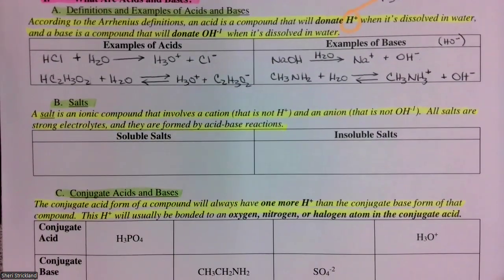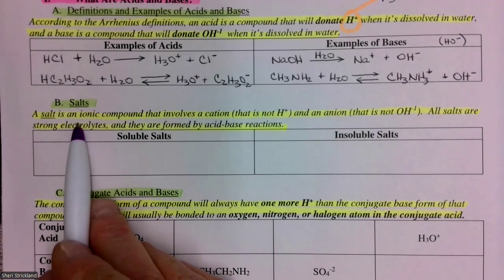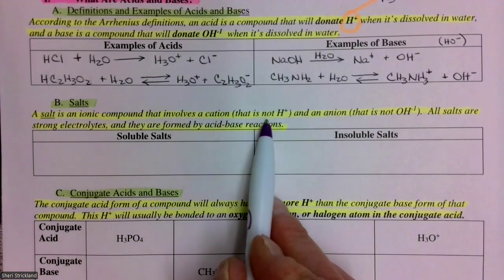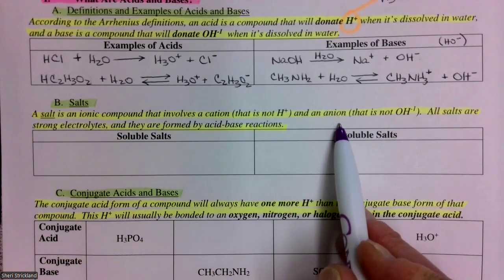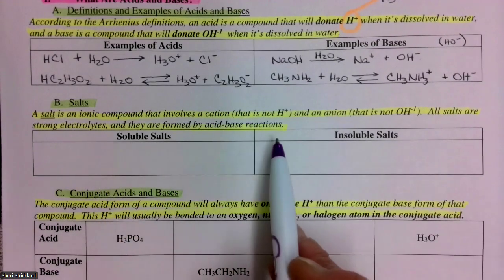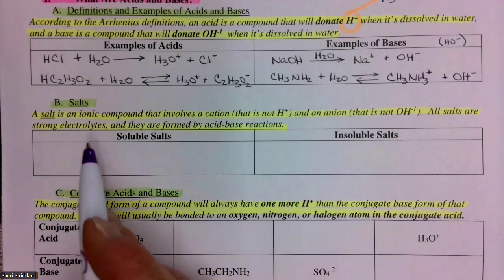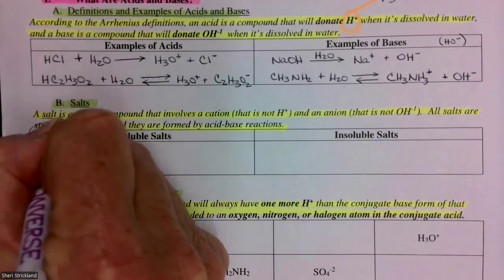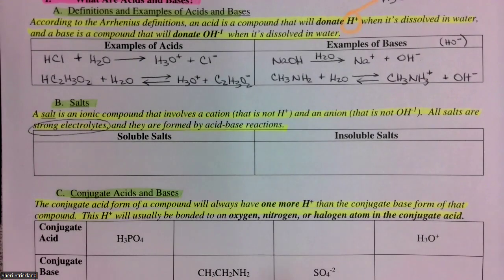All right, so with salts, all salts are ionic compounds that involve a cation that is not the hydrogen cation and an anion that's not hydroxide. All salts are strong electrolytes, and they are formed by acid-base reactions. And remember that a strong electrolyte is something that dissociates 100%.